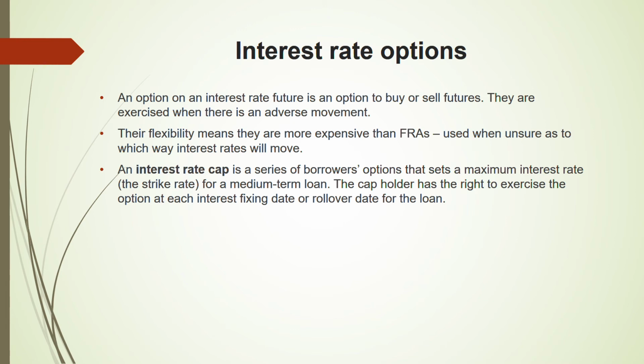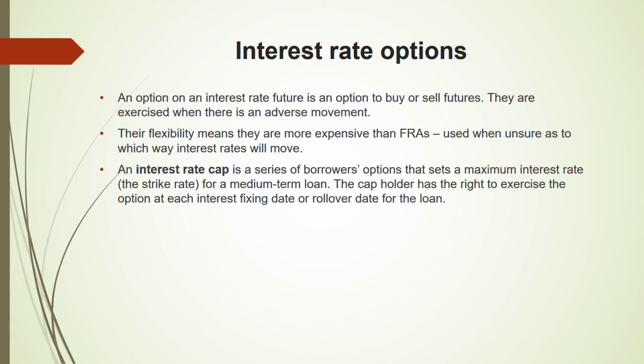But it's an option. Interest rate cap is an option only you're taking. But in an option, what do you have? You can take the advantage if the interest rate moves in your favor, and if the interest rate is not moving in your favor, you exercise the option and hedge your position. But interest rate cap means it is not an option like that. You cannot take the advantage if your interest rate goes below a certain level.